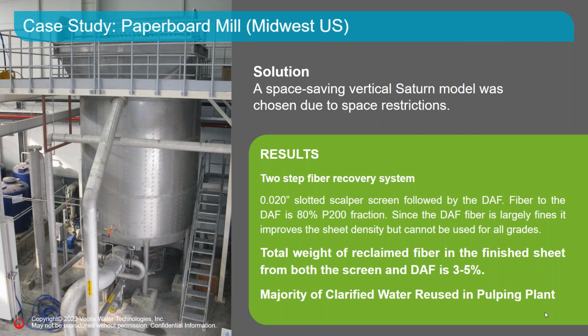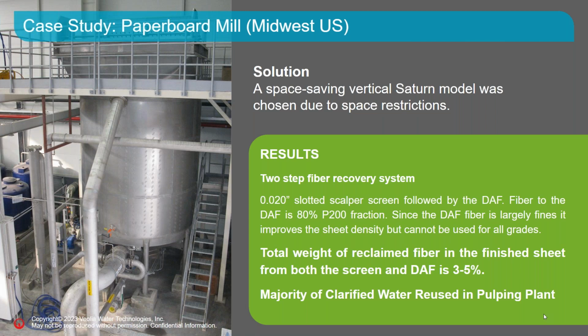So this paperboard mill has a two-stage system for reclaiming fiber and water. They have a slotted scalper screen with 20,000 slots in the screen, followed by the DAF. The scalper screen will reclaim long fiber, or longer fiber, which of course is valuable.